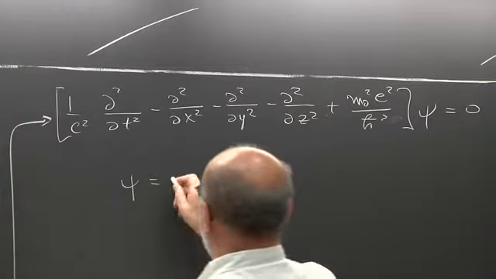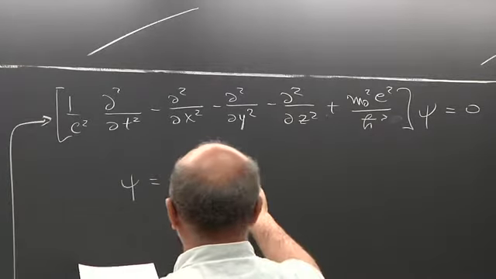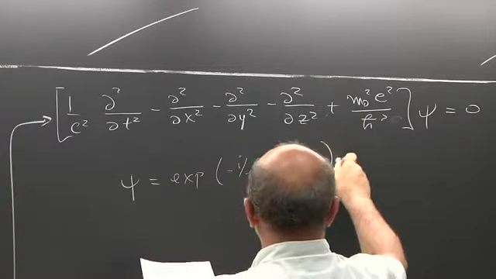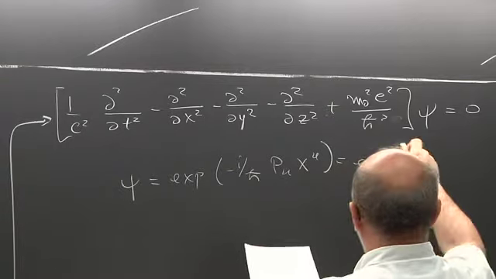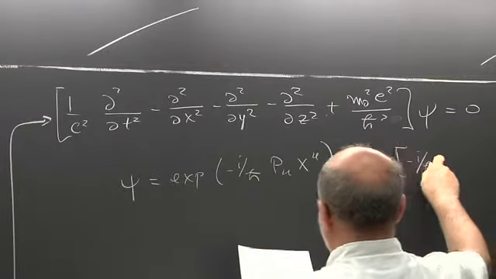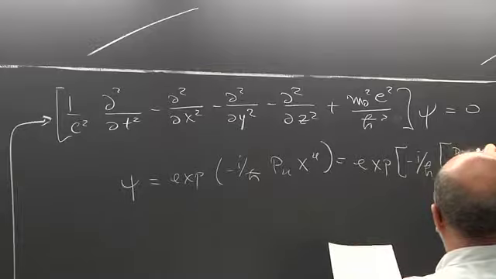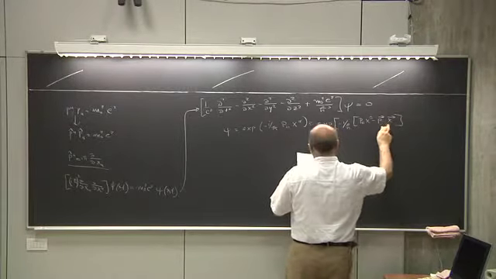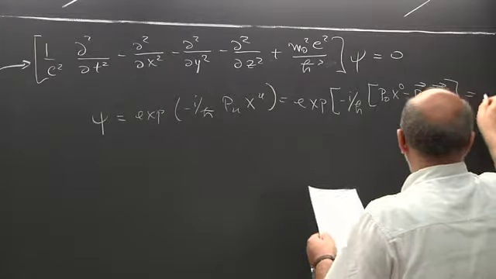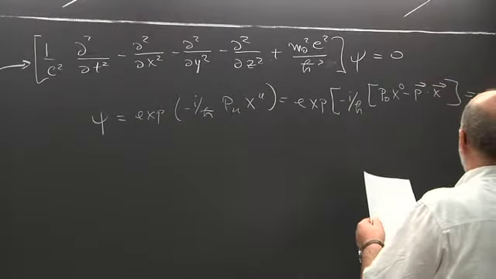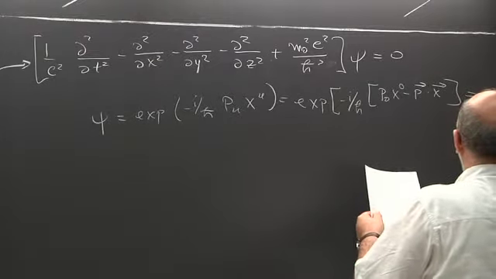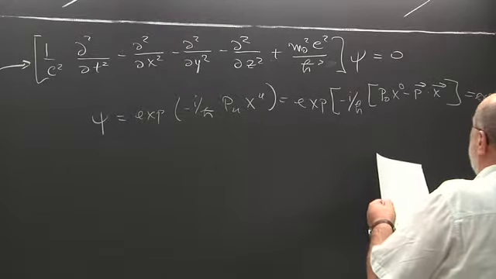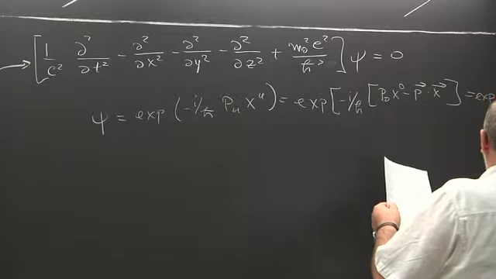If we take a solution of the following form, exponential of minus i/ħ p_mu x^mu, this is equal to exponential of minus i/ħ (p0 x0 minus p times x). This is the space part, and this is equal to exponential of i/ħ (p times x minus E times t).